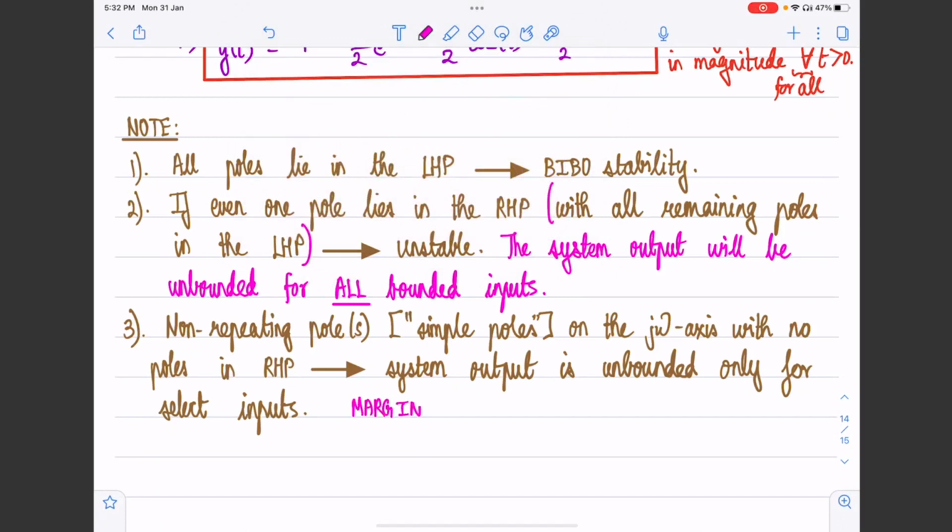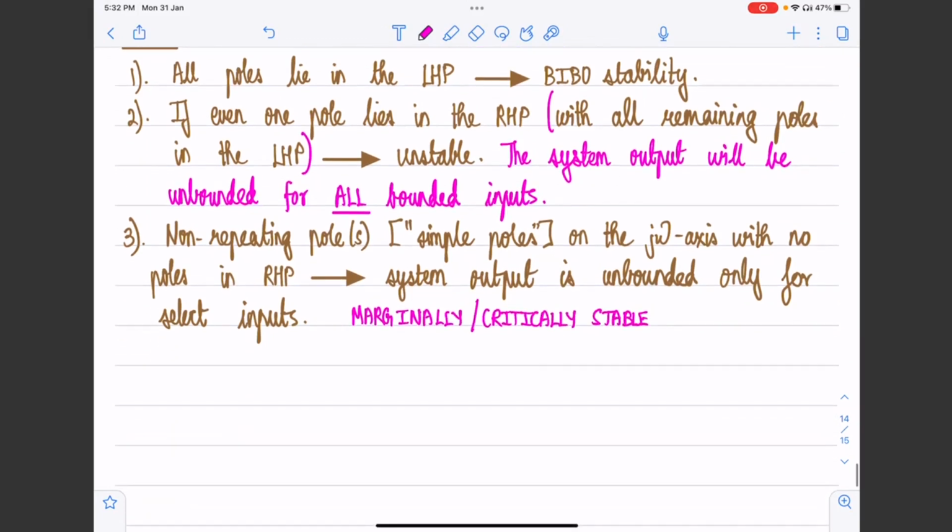It's not stable. Let me be very clear. This is a very tricky statement. You call it marginally or critically stable. But if one were to follow the definition of stability very strictly, we can ask ourselves the question: should we call it unstable?